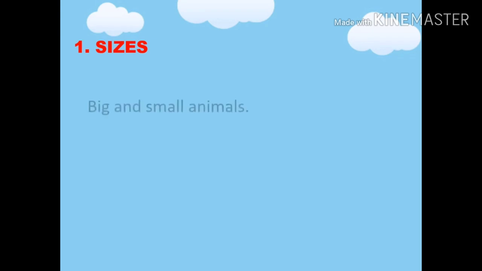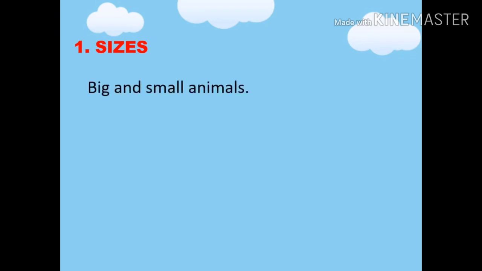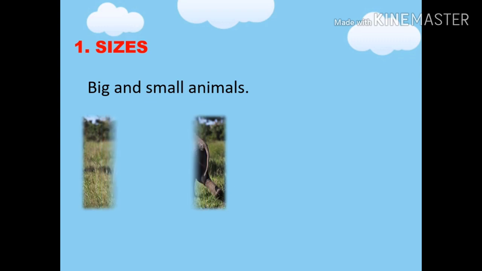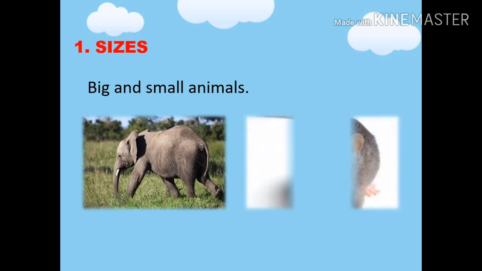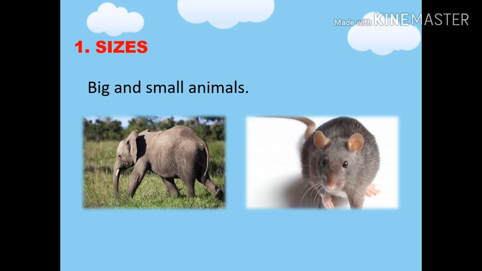Sizes. It refers to how big and small animals are. We regard lions, whales, elephants, and bears as big animals, and rats, flies, fleas, ants, and mosquitoes as small animals.